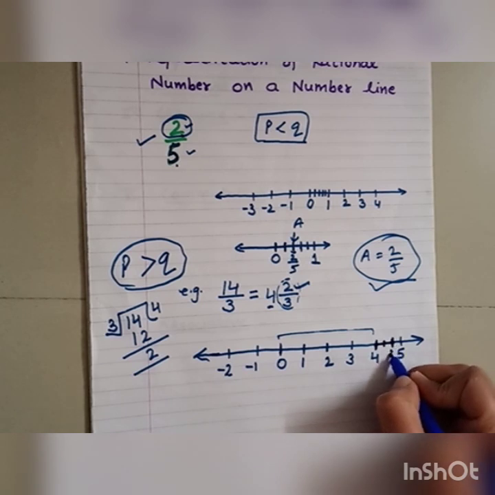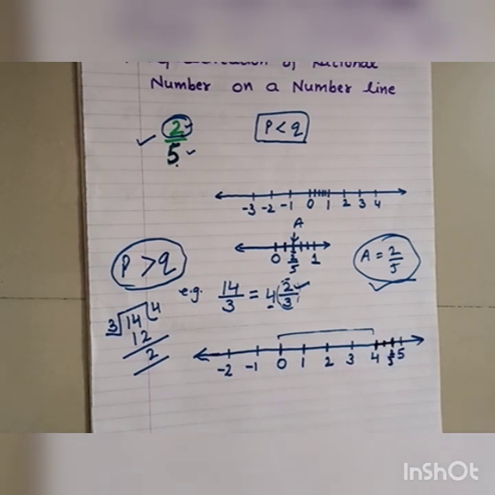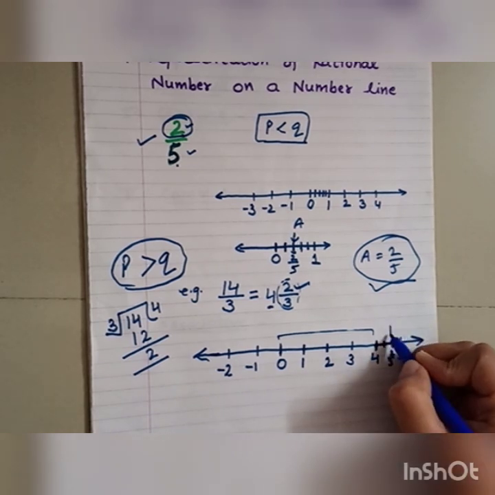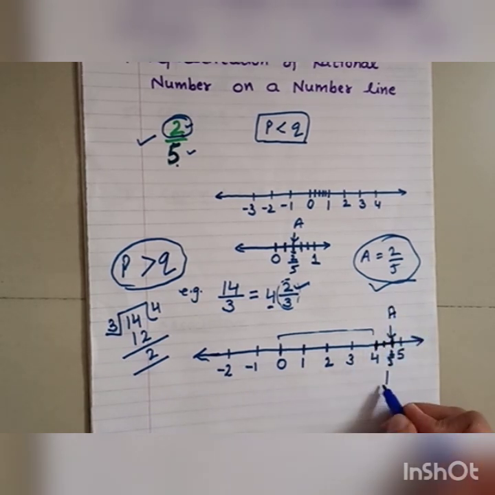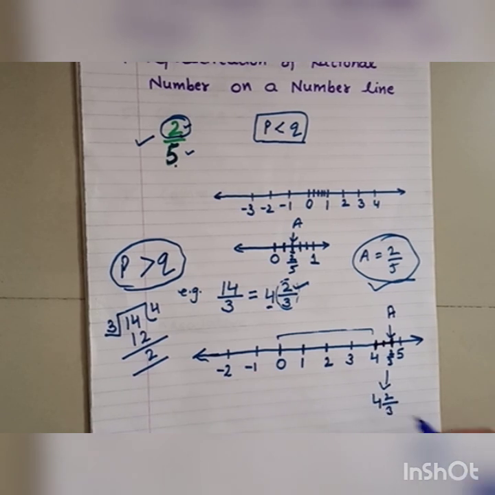So 2 by 3 is this part, because the numerator is 2 and the denominator is 3, and this point represents the value 4 2 by 3, because after 4 we take 2 more points, dividing the 4 to 5 unit length into 3 equal parts and then counting 2 values. Okay, so this way we represent rational numbers on a number line.